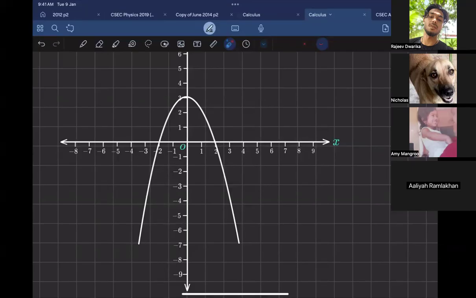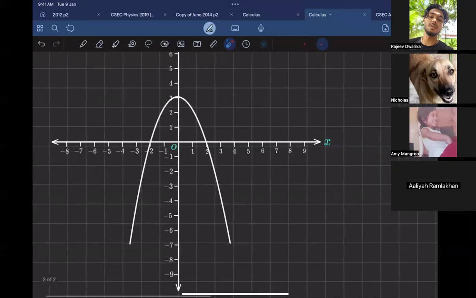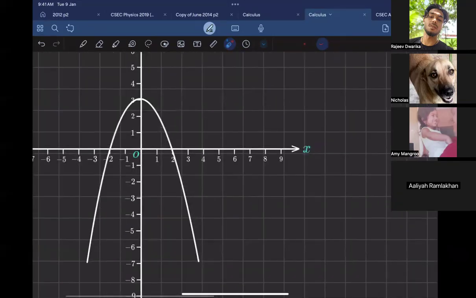A quick exercise. Could any of you in class figure out the equation of the curve? Nicholas, do you know how we would figure out the equation of this curve?